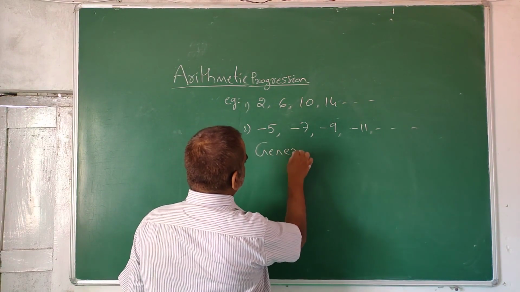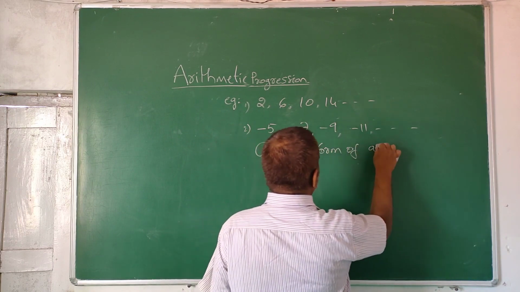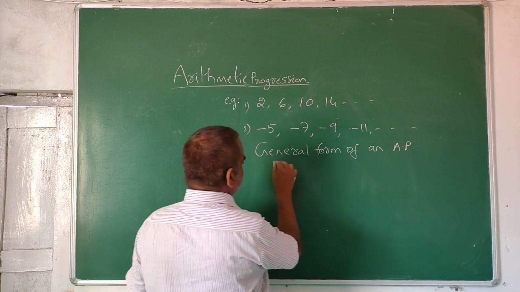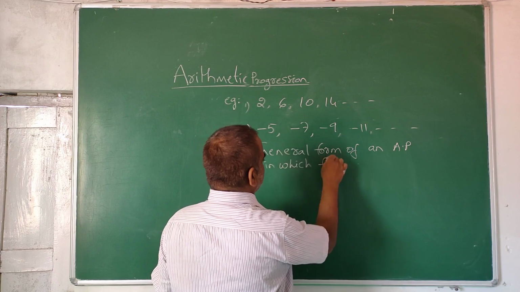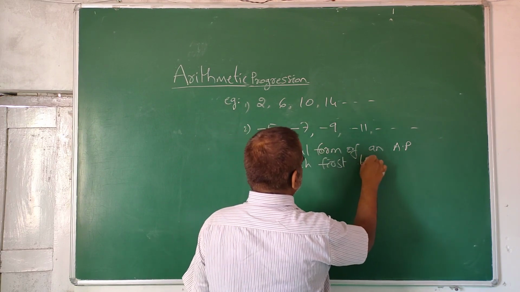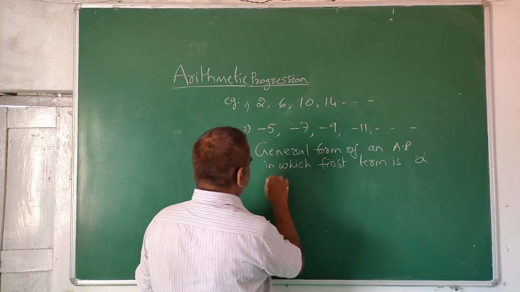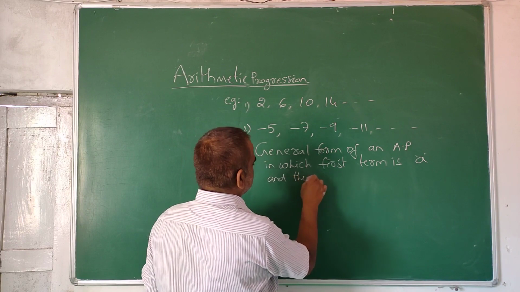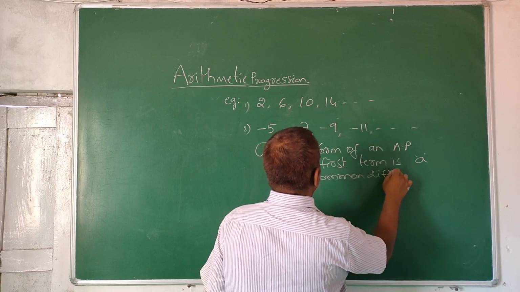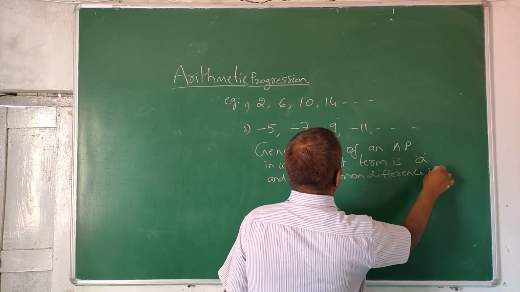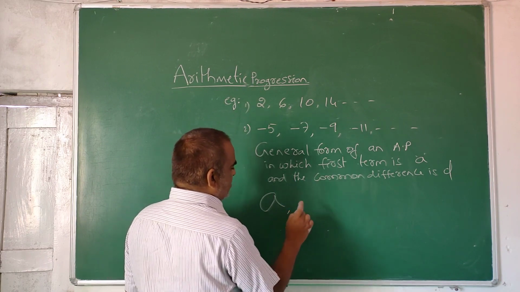General form of an arithmetic progression in which first term is A and the common difference is D. So as the first term is A, it is A. The common difference is D.